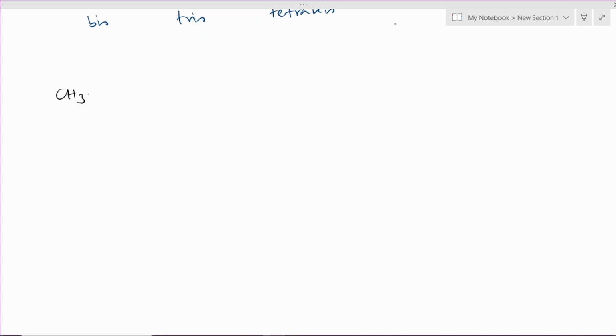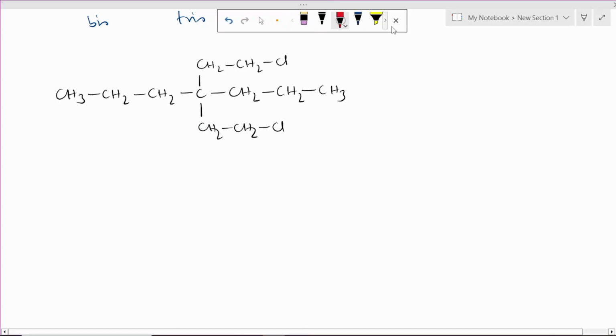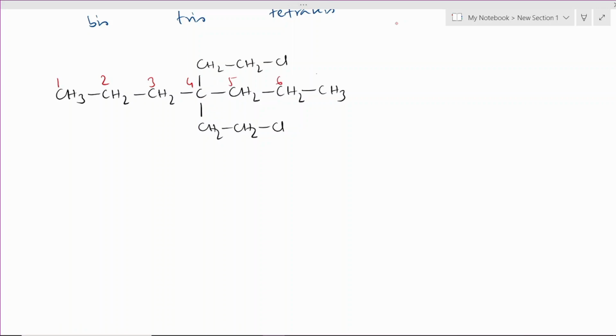Suppose we take this compound. If we do numbering, it will be 1 2 3 4 5 6 and 7.